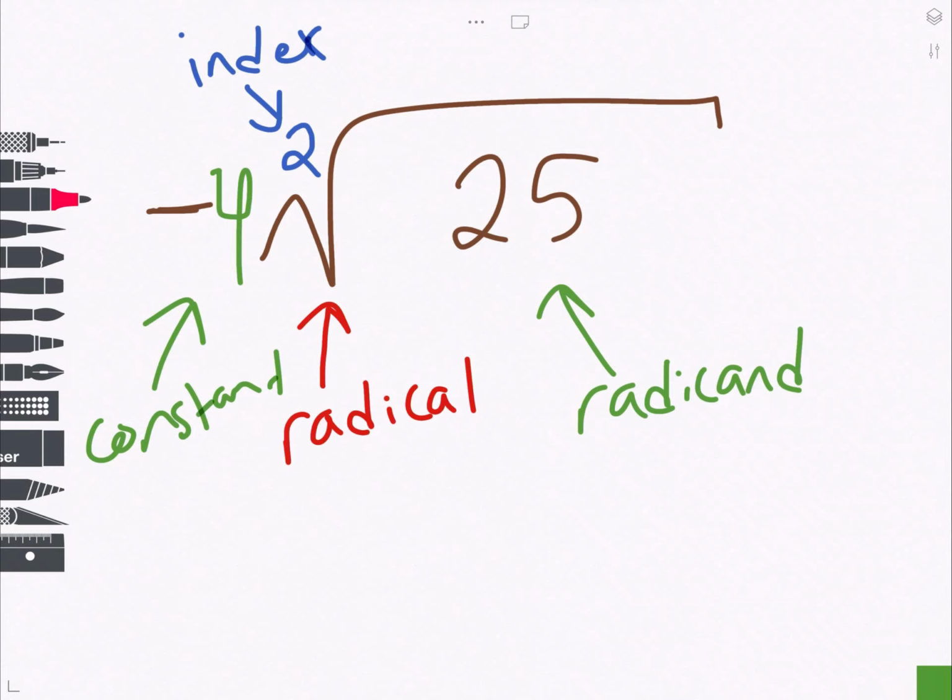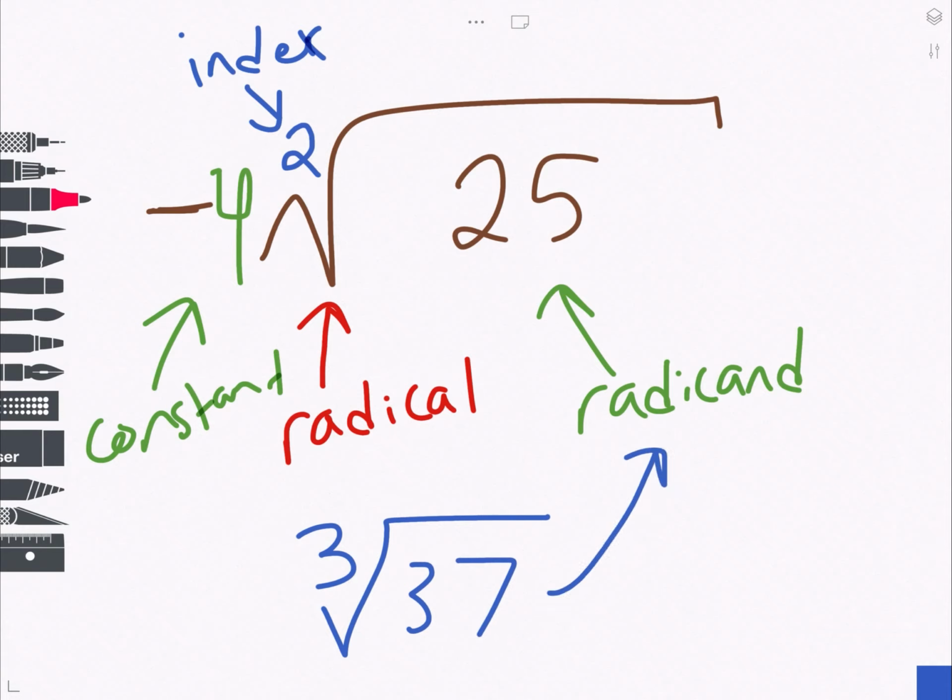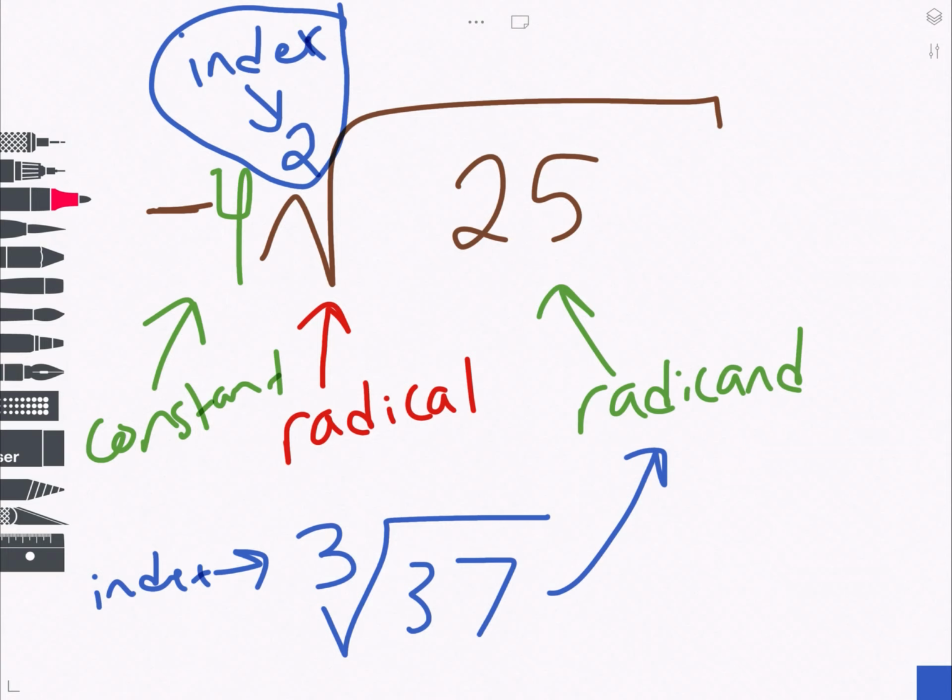So let's look at another example there. Let's say we had the cube root of 37. The 37 would be the radicand. The 3 would be the index. And it would be shown in this case. If the index is 2, you can assume that it's a square root and you don't have to put it there. But in any other situation, you would have a number in your index.